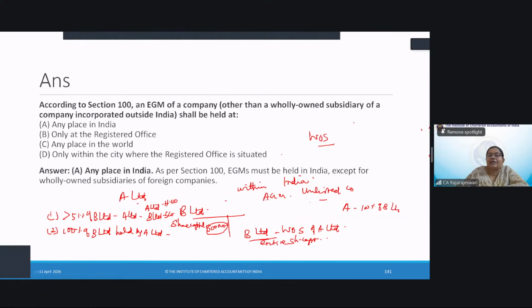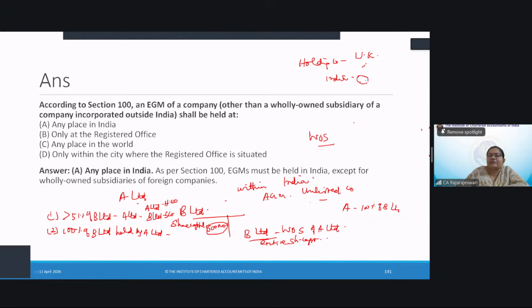So other than a wholly owned subsidiary of a company incorporated outside India, meaning the holding company will be, suppose this company is incorporated in UK, assume, or any company outside India. Now it is holding, its subsidiary is in India.